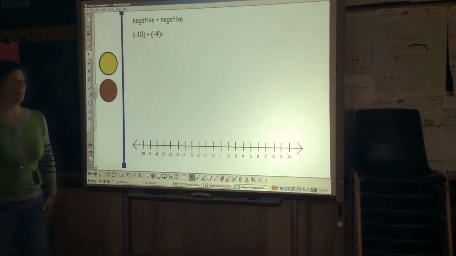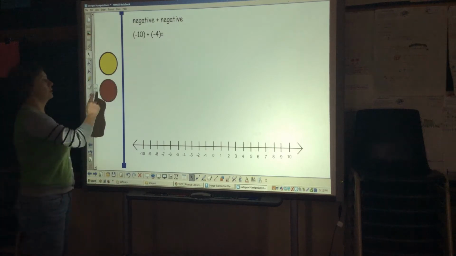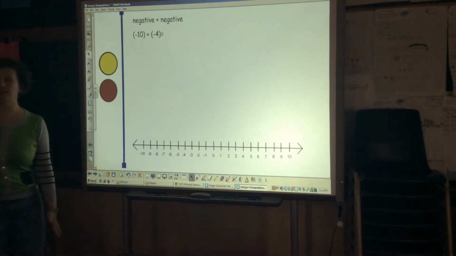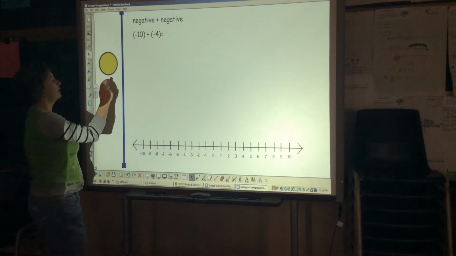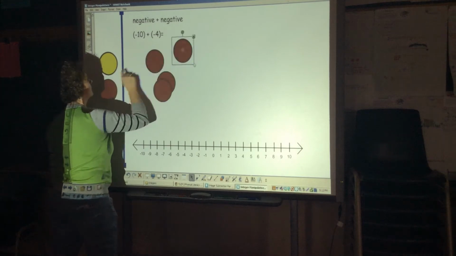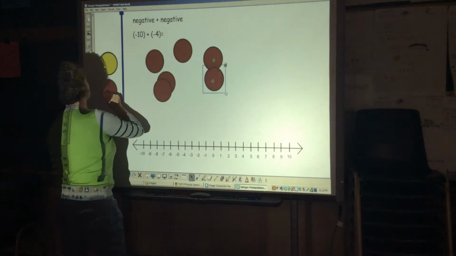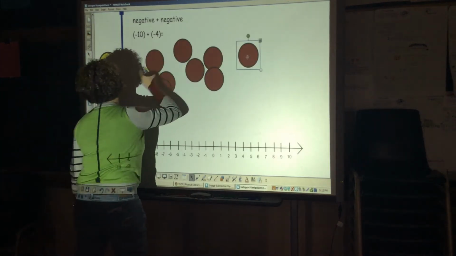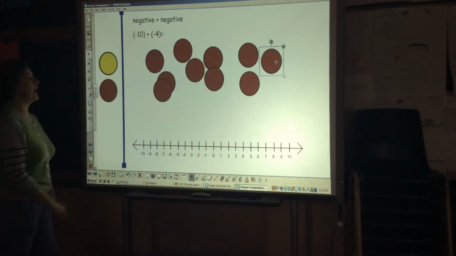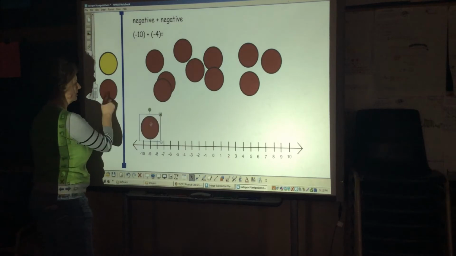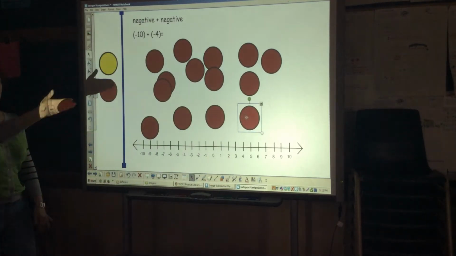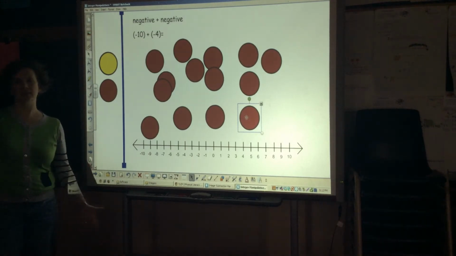All right, a negative plus a negative. What do I do here? So I'm going to use my two-sided counters. Remember, one of our principles was that a negative plus a negative equals another negative. So I'm going to do 10 negatives. And I'm going to add 4 more negatives. So altogether, you can see that all I have is negative counters.